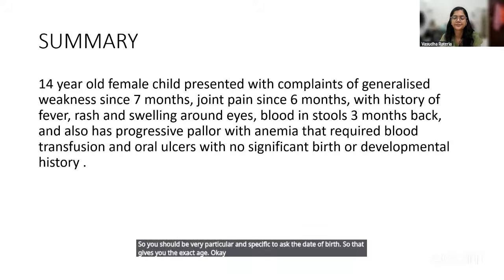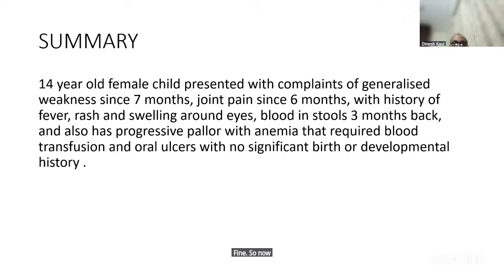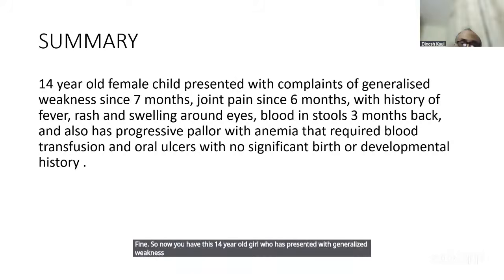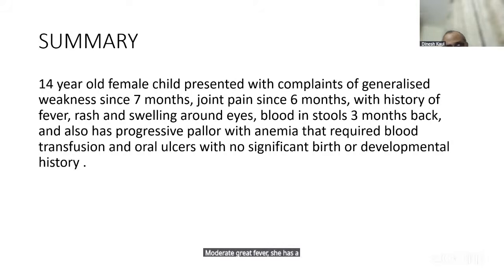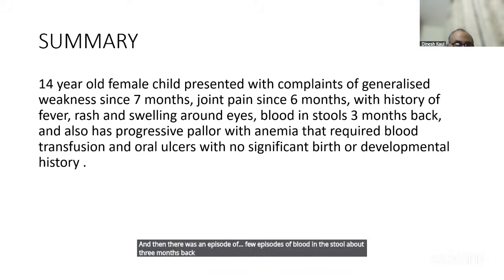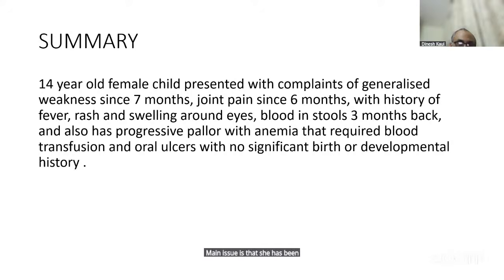Fine. So now you have this 14-year-old girl who has presented with generalized weakness, with joint pains for about 6 months. She has a history of moderate grade fever. She has a rash which subsided on its own. And then there were a few episodes of blood in the stool about 3 months back. Main issue is that she has been having progressive pallor.